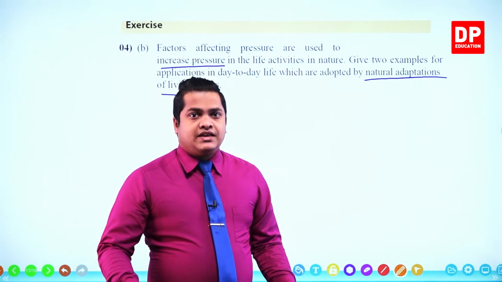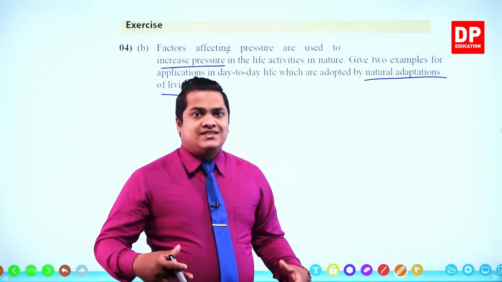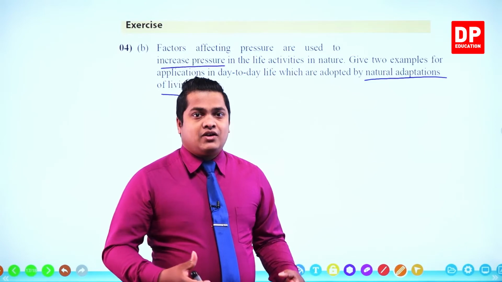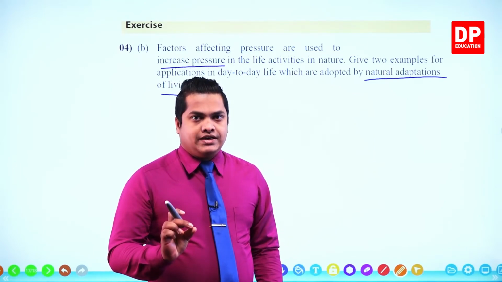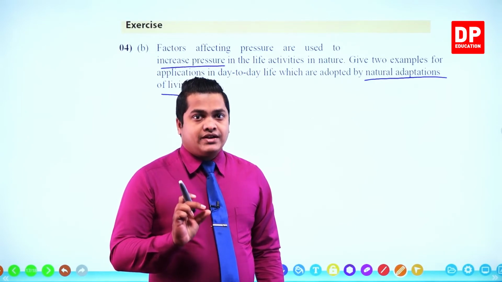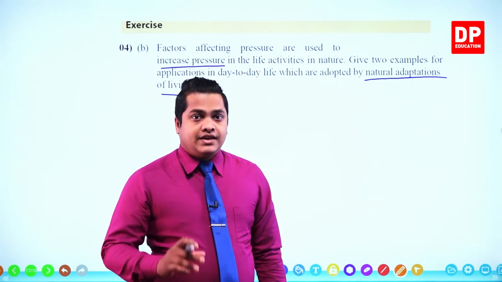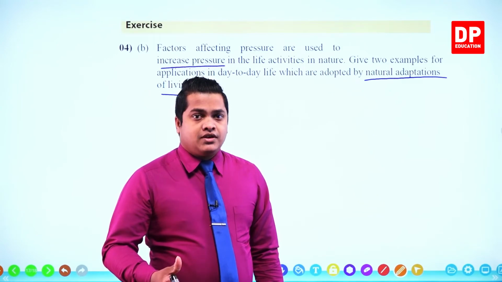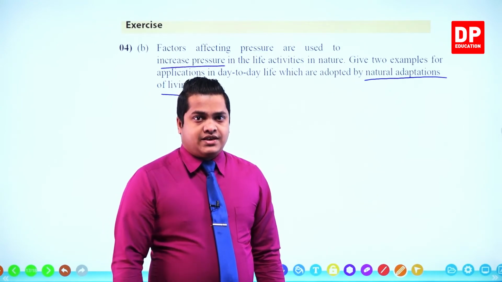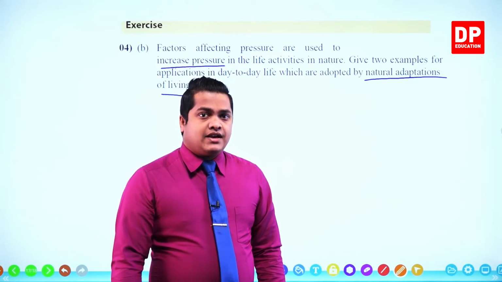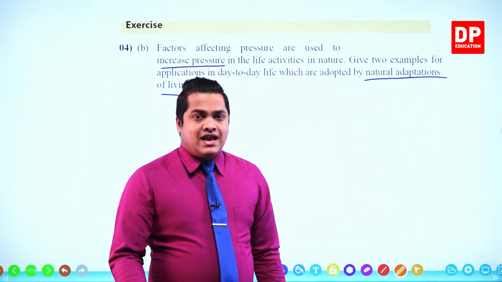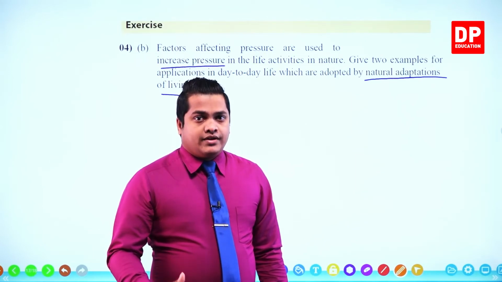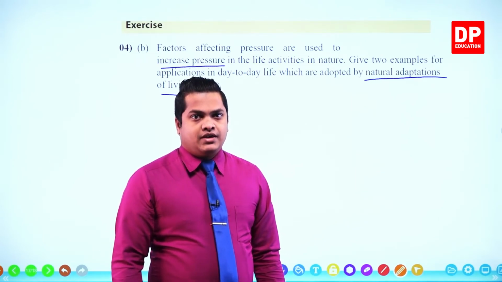If the teeth are very flat, then it's difficult to tear the meat. So to tear meat, they have pointed teeth. It helps to increase the pressure by the reduction of surface area. By that way, carnivorous animals can tear their meat quite easily and it helps them to eat.